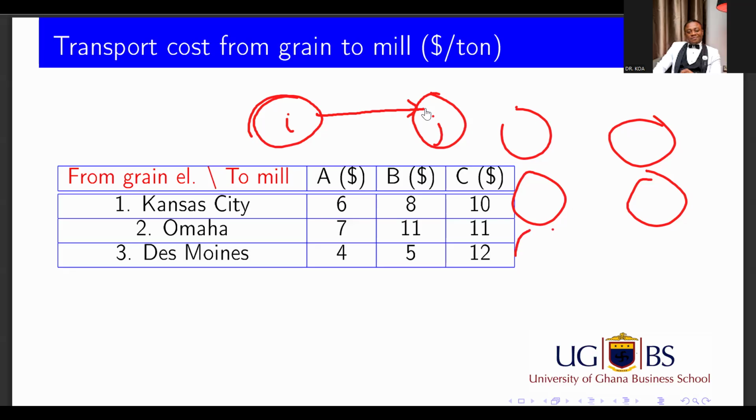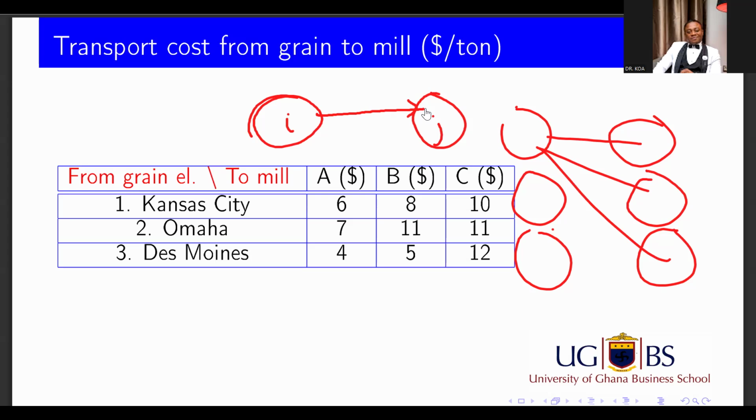If you have 3 nodes, 6 nodes in all, how many decision variables do you have? That's 9. So be very, very clear with the decision variables. The decision variables are the arcs, because when you start from here, it will go there, it will go there, it will go there. And the other ones will also repeat that process.